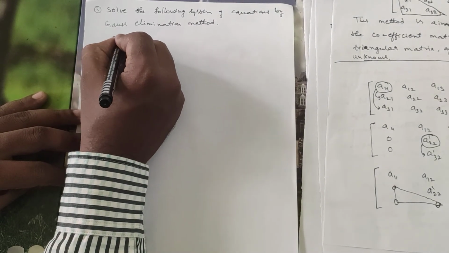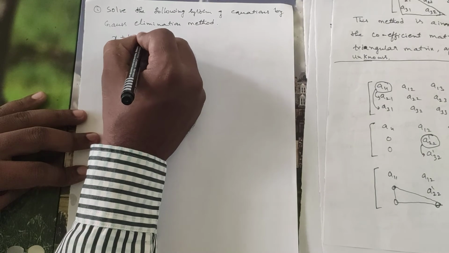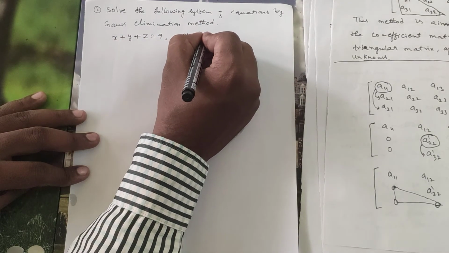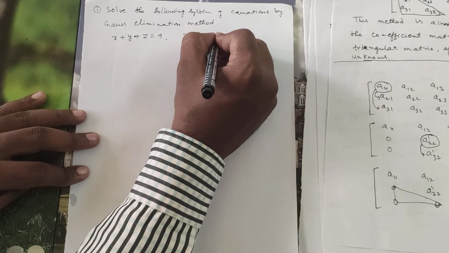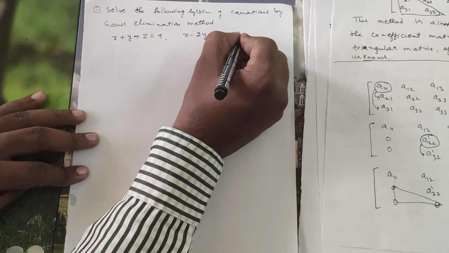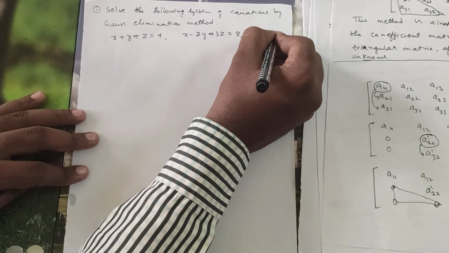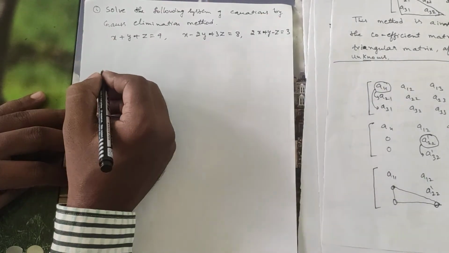So what is the system of equations? x plus y plus z equals 9. x minus 2y plus 3z equals 8. 2x plus y minus z equals 3.